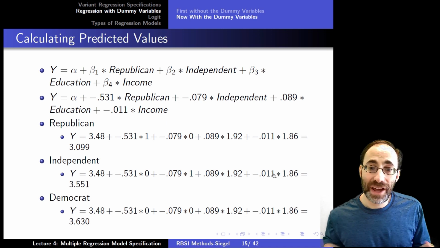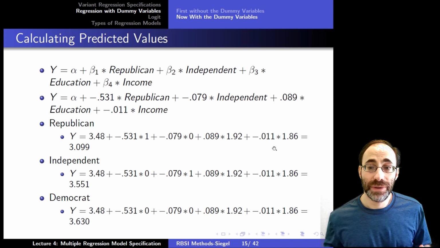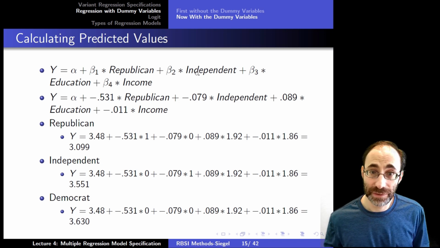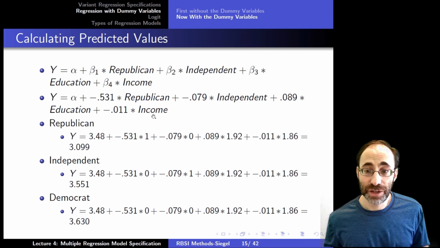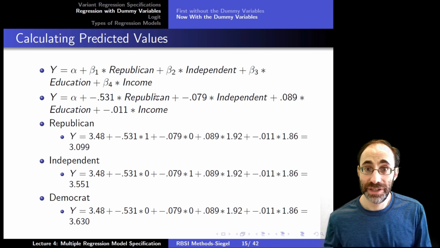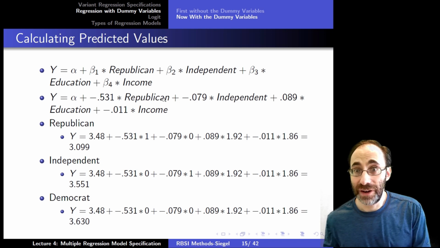Okay. To calculate predicted values, we have to be careful about what we call the reference category. So again, we're going to treat the same equation as before, but now we have two dummy variables instead of one partisanship variable. We insert our average values for income and education to get this. And now to figure out what kind of party the person is a member of, we put in the appropriate values for the dummy variables.